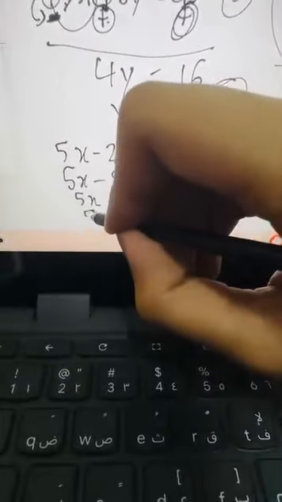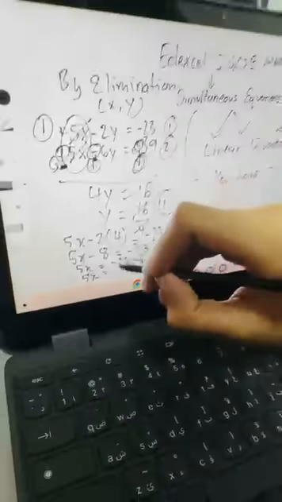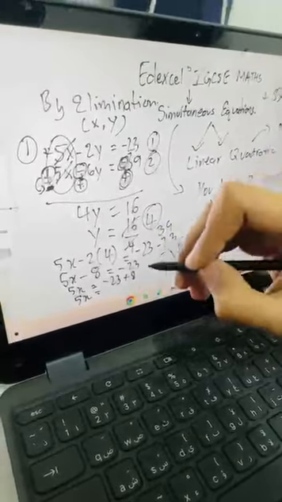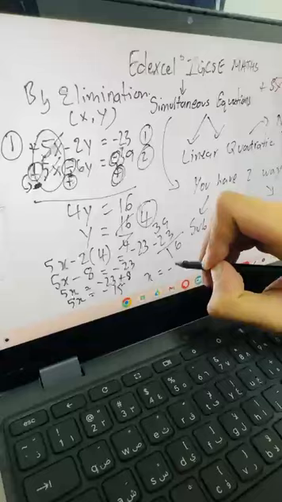Now 5x will be negative 15, because negative 23 is much higher in size, so negative plus is negative. So that's negative 15, and x would be negative 3.